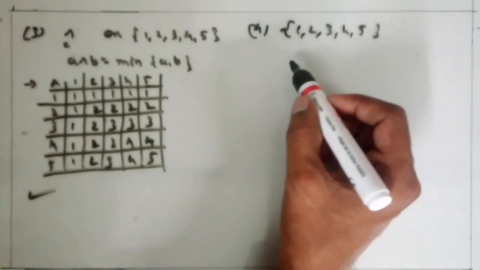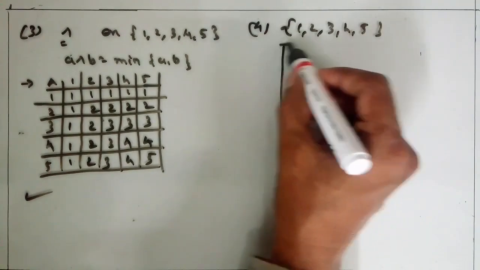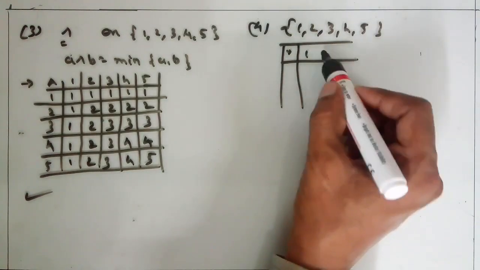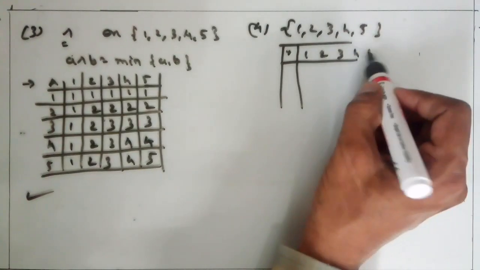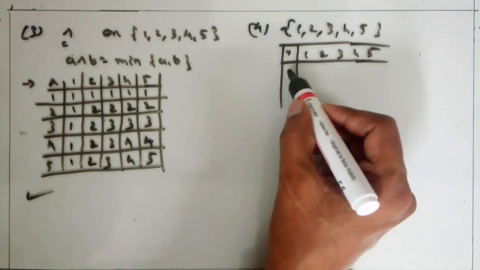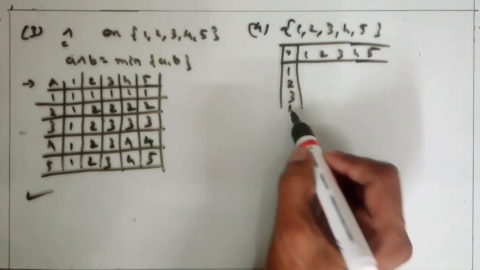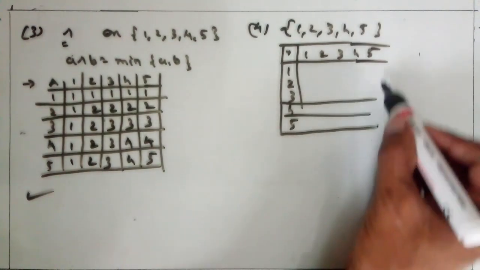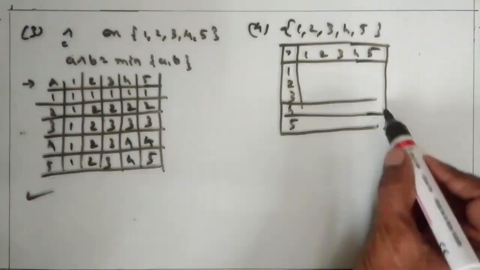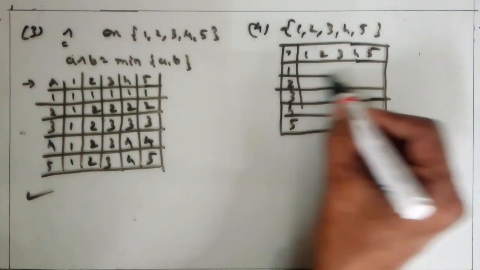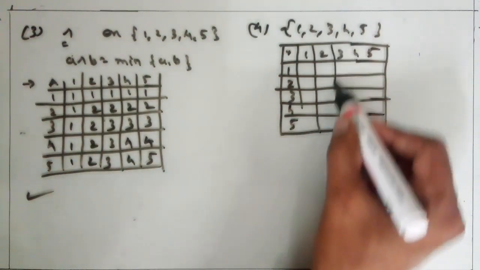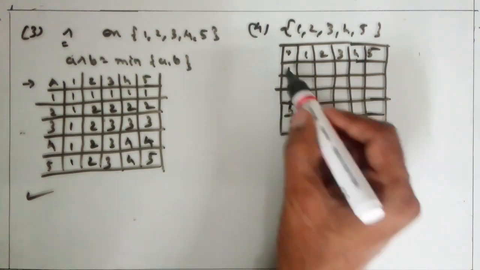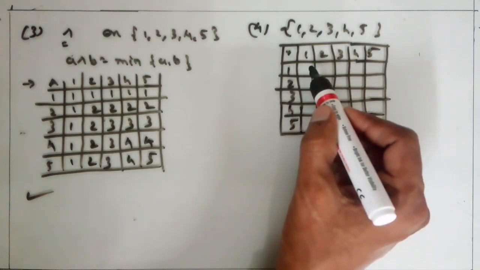Here a table is given. Here we write the result at the cross of a row and a column.